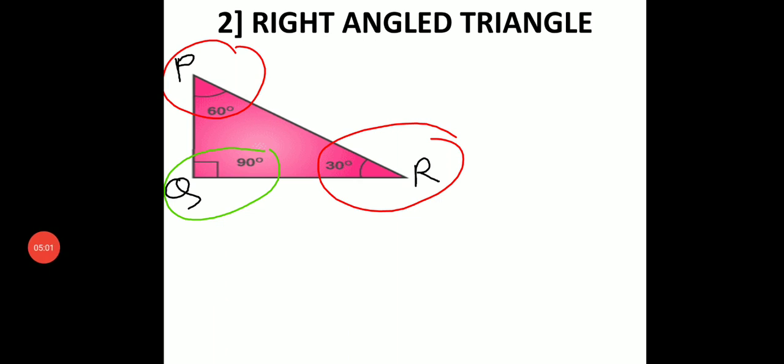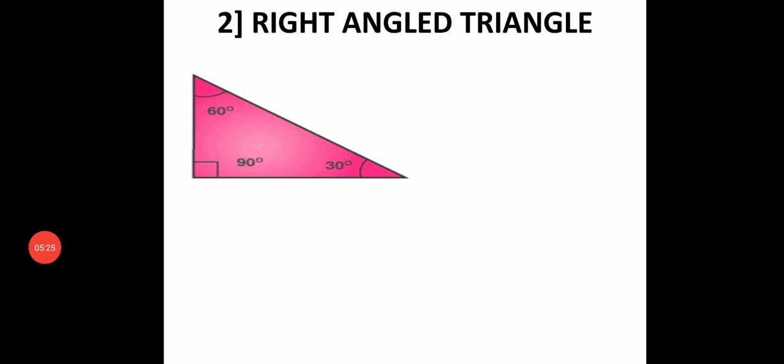So children, in a triangle, when out of the three angles, if one angle measures exact 90 and the other two angle measures less than 90, that time we name the triangle as a right angle triangle.